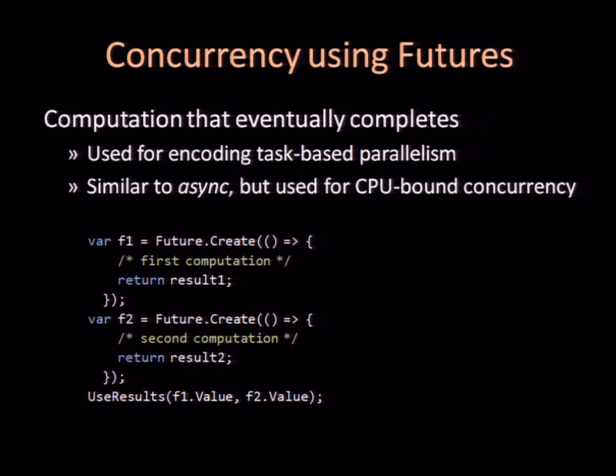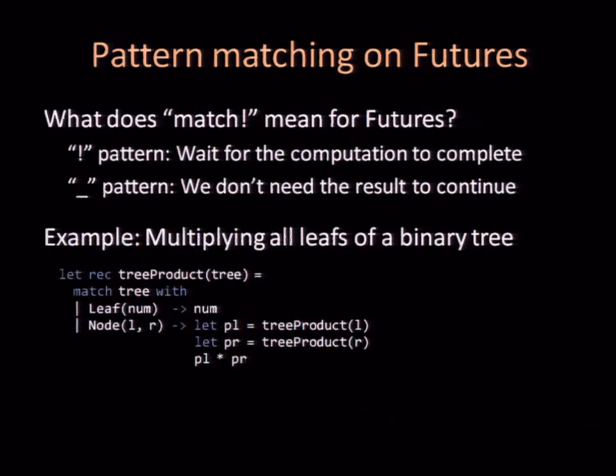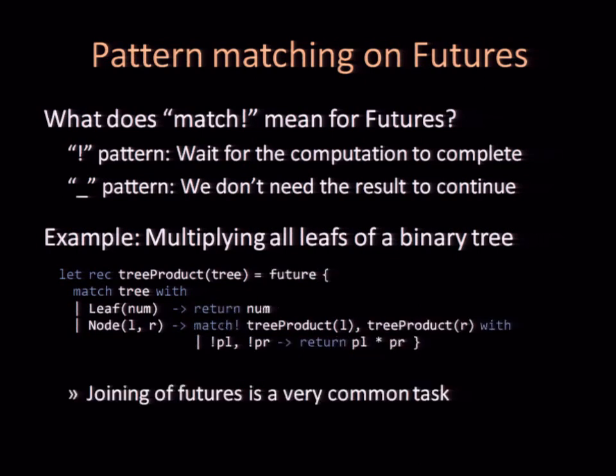It's not quite clear how it relates to F# async, but it's definitely used differently for CPU-bounded concurrency. Then, that's a sample that would calculate product of all leaves in some tree. So you calculate product of the left subbranch, the right subbranch, and then multiply them.